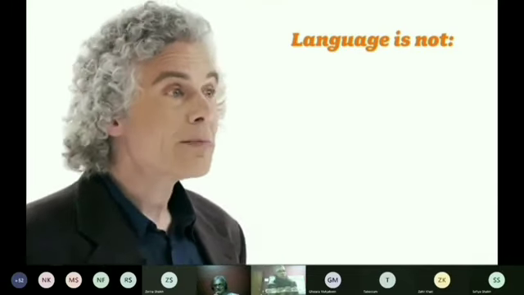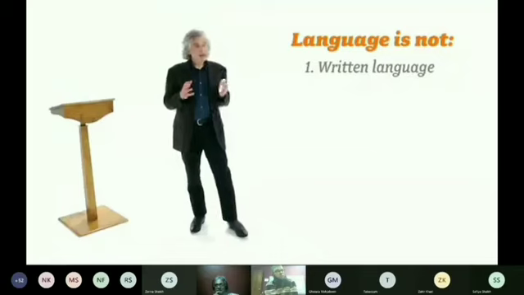Before we begin, it's important not to confuse language with 3 other things that are closely related to language. One of them is written language.